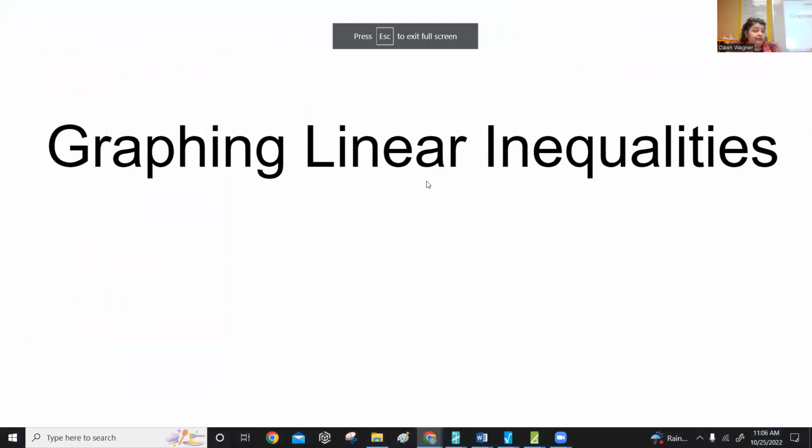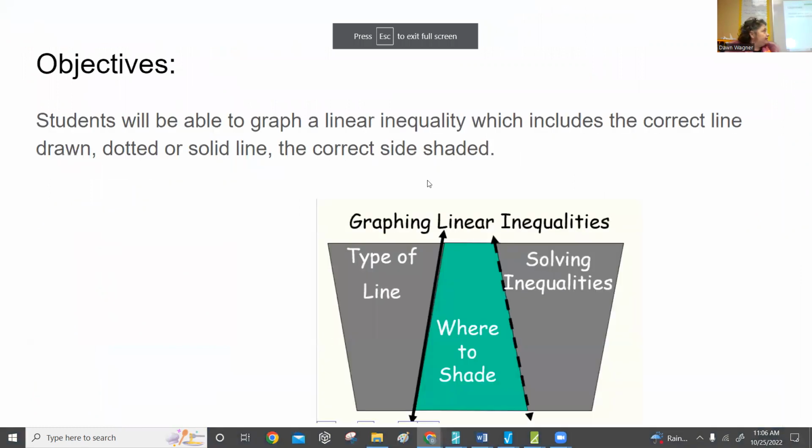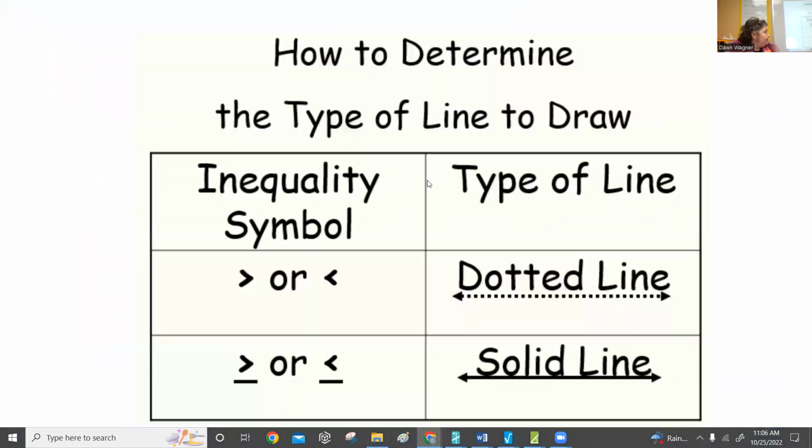Good question, though. So yes, you may have seen this with pre-algebra where we graphed inequalities. An inequality means you have a greater than or less than sign. Now, normally when you solved inequalities, you just solved them and may not have graphed them on a coordinate plane.